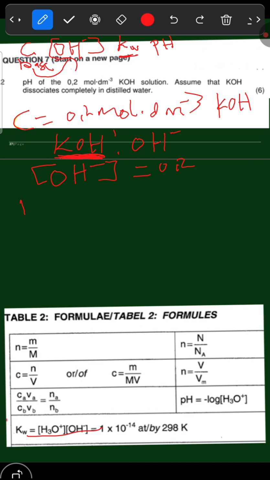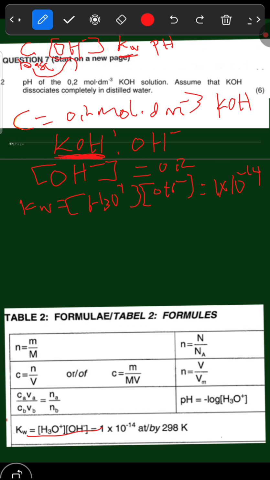What does it say? It says KW is equal to the concentration of hydronium ions multiplied by the concentration of OH minus, which is equal to 1 times 10 to the power negative 14.